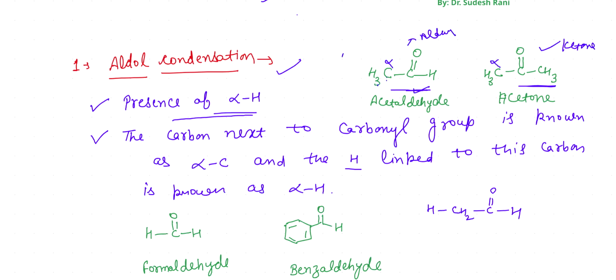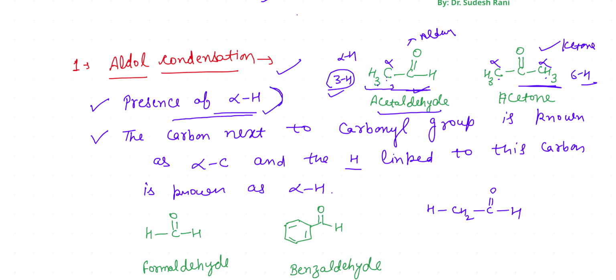In acetaldehyde, there is one methyl group, meaning one alpha carbon, and there are three alpha hydrogens. But in acetone, there are 6 alpha hydrogens because it contains 2 alpha carbons. Clear?